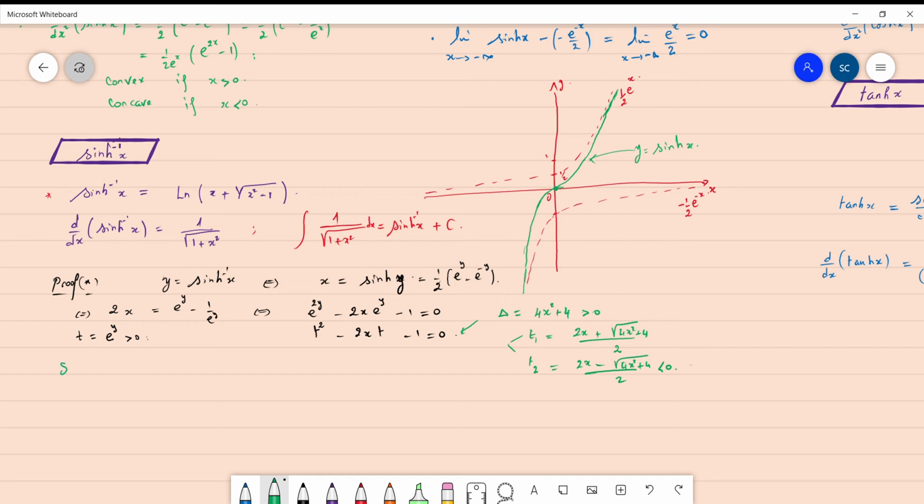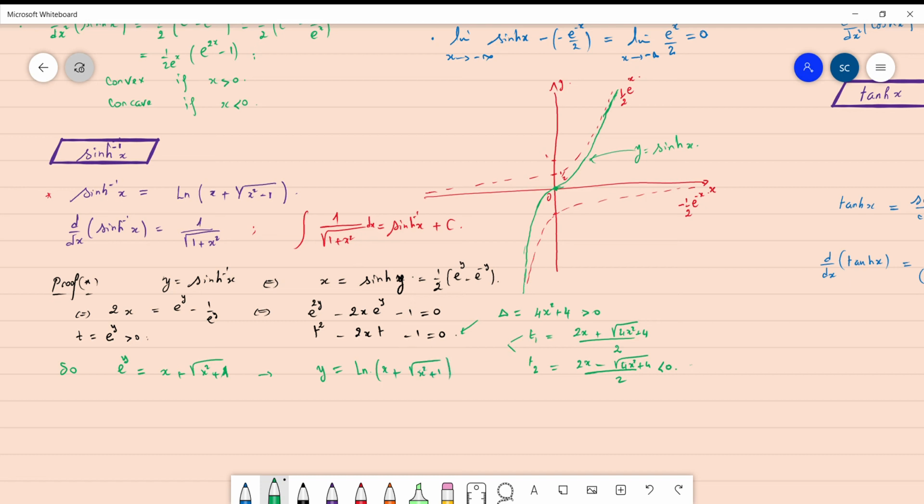So as a conclusion, e to the y is equal to, simplifying by 2, x plus square root of x squared plus 1, from which we deduce y equals ln of x plus square root of x squared plus 1.